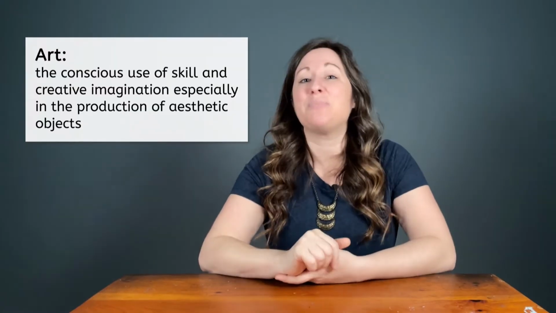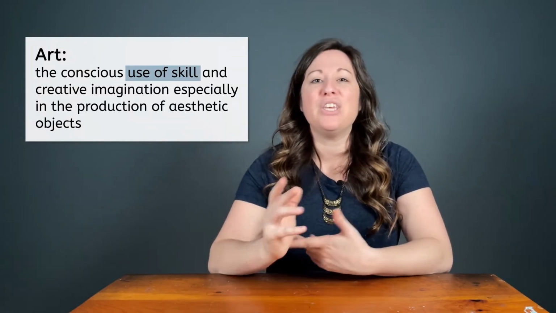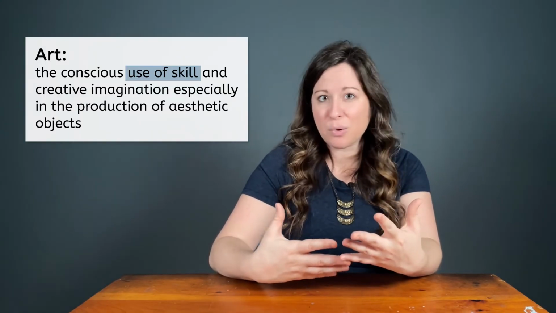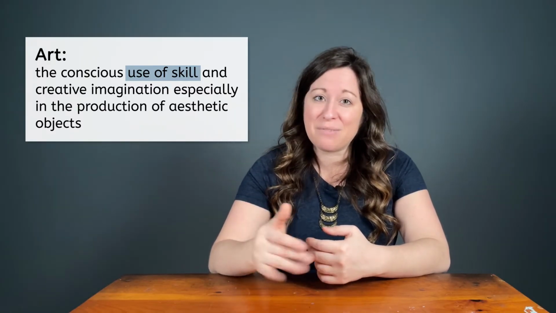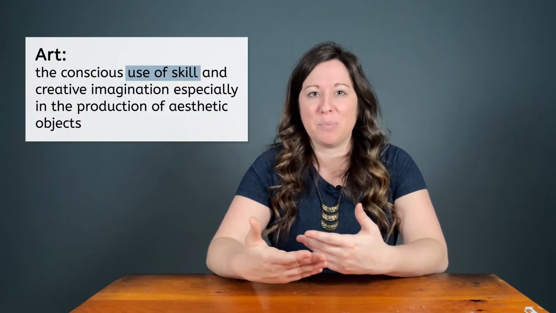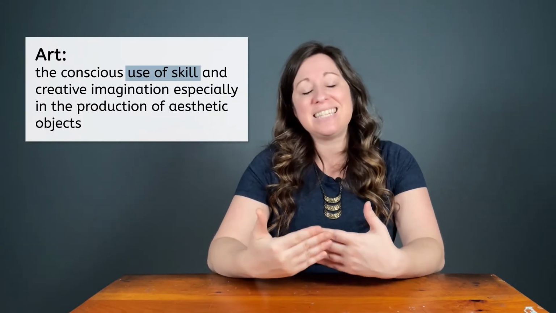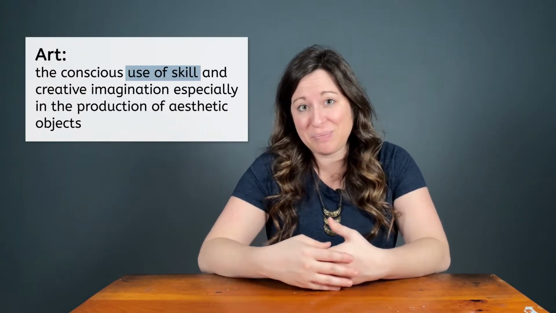Let us check out the next part of the definition. It says, use of skill. Use of skill means that the person creating the art has some sort of strength or ability in making. This does not necessarily mean that they've attended art school or completed an apprenticeship. But generally, an artist has at least invested some practice in the creation of their art.